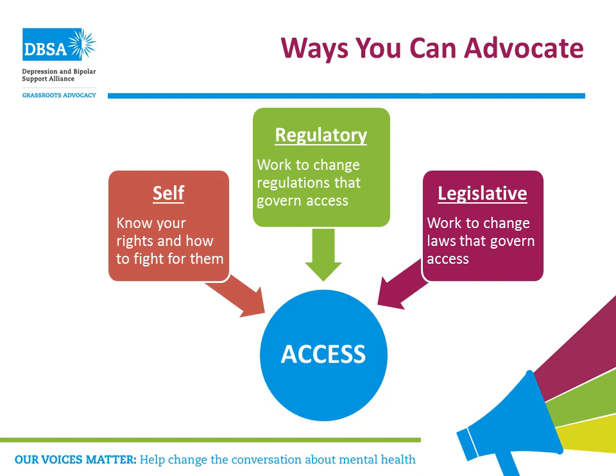Regulatory refers to the executive branch of government. These are agencies that are responsible for enforcing rules and laws, and legislative refers to Congress, senators and representatives who create new laws that affect people.